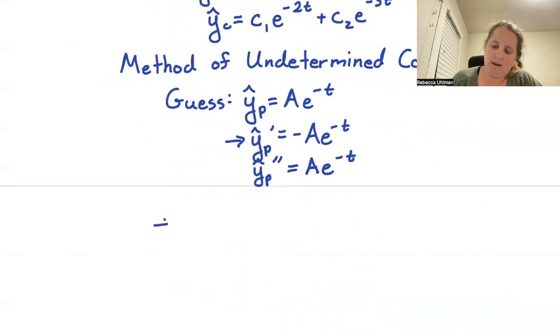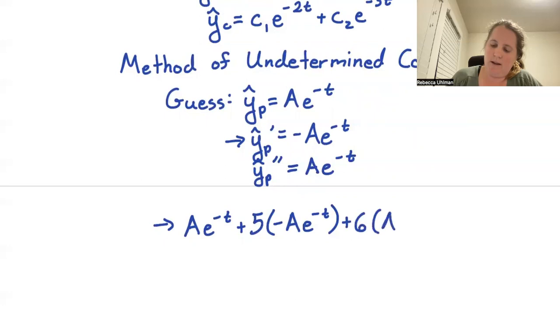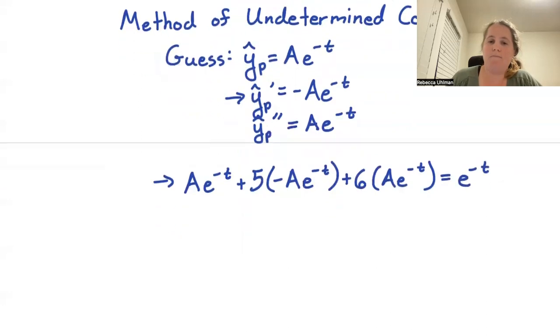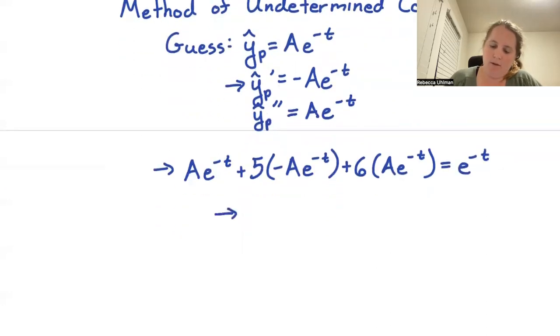So we are looking at a e to the negative t plus 5 times negative a e to the negative t plus 6 times a e to the negative t should just be equal to e to the negative t. Matching coefficients, this means that a minus 5a plus 6a, otherwise known as 2a, should equal the 1 in front of e to the negative t.